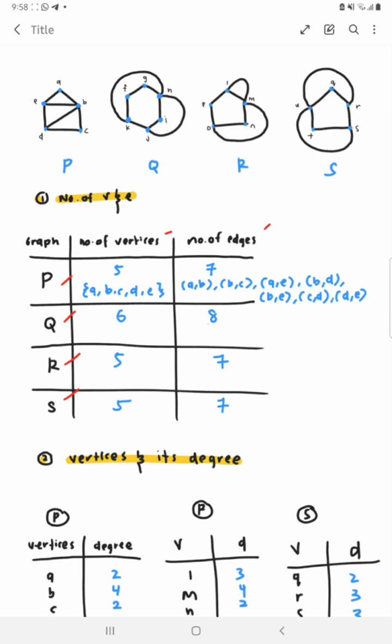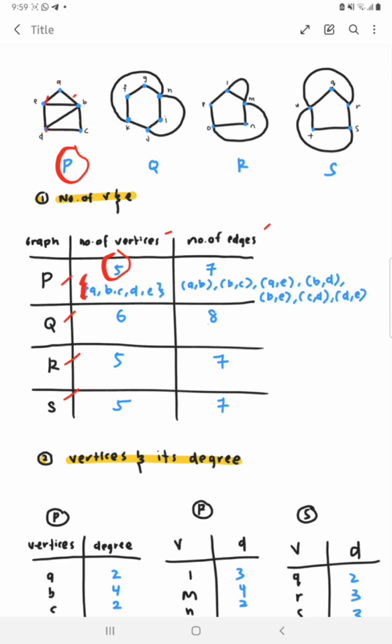So for example, for graph P, the number of vertices is 5: A, B, C, D, E. So we write 5 here, and then we cannot just write the number of vertices, but we must also write the vertices: A, B, C, D, E in curly braces.